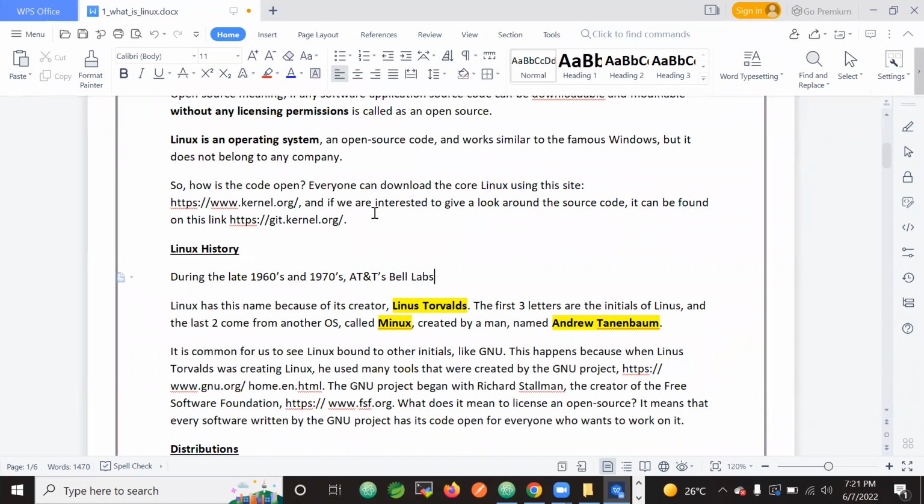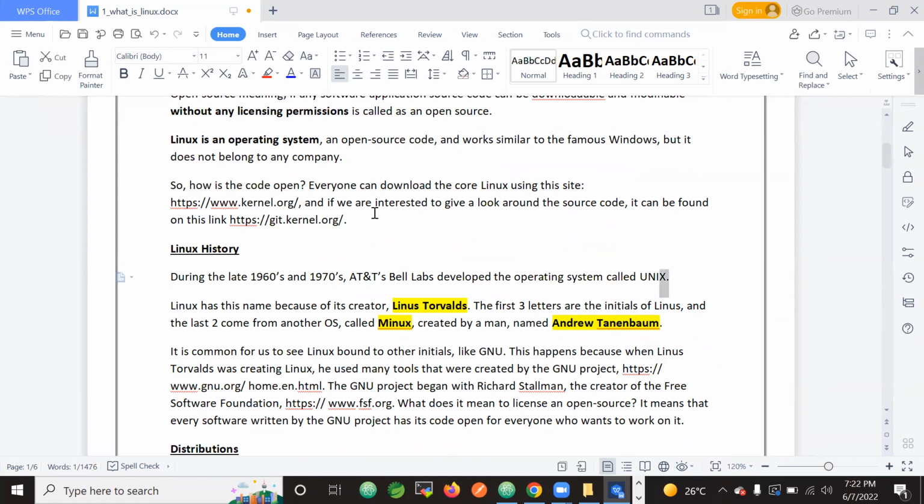AT&T is a telecom company in the United States. The telecom company has a lab, named Bell Laboratories, a very famous laboratory. That Bell Labs developed the operating system called Unix.